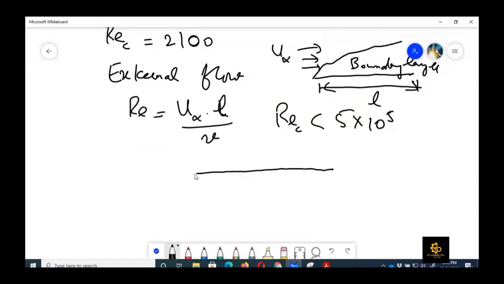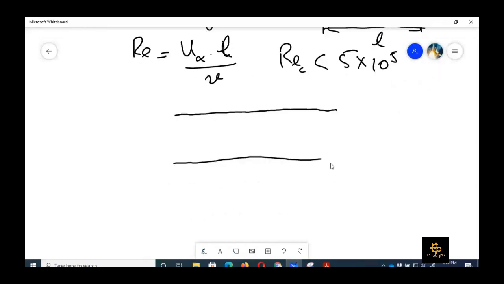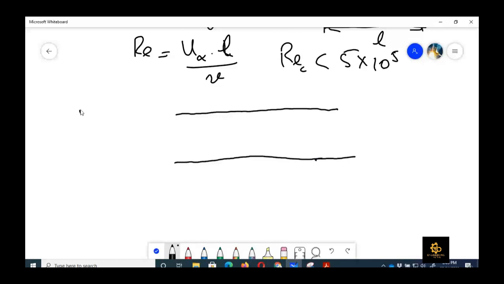If this is the pipe, I would also give you some introduction to the boundary layer. Say U infinity was 10 meter per second, so the flow was coming from here at 10 meter per second, right?